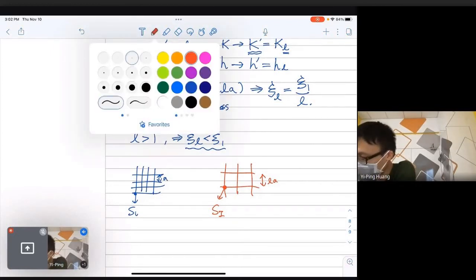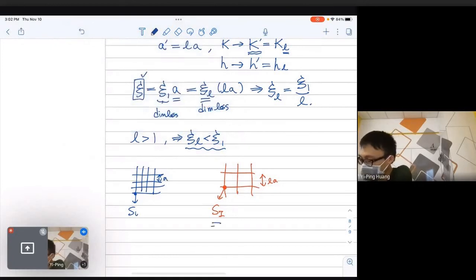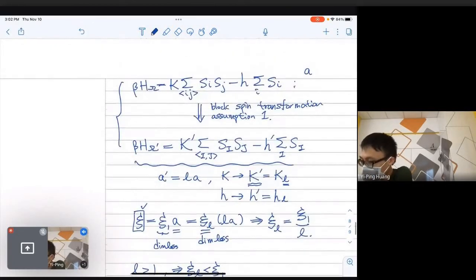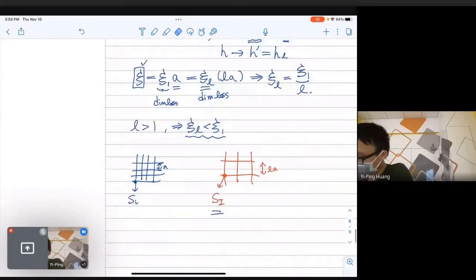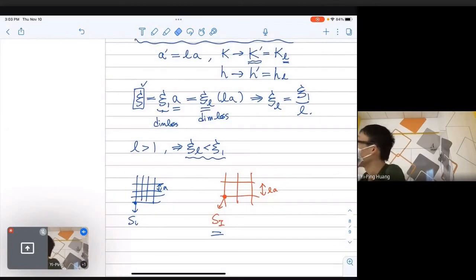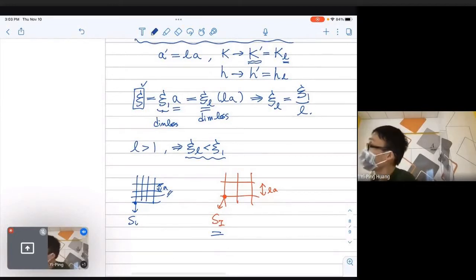Other than the lattice spacing and the meaning of the microscopic degrees of freedom, the Hamiltonians that describe these two systems are completely identical, because that's a very strong assumption given by Kadanoff's assumption 1. So if we measure the correlation length using the lattice constant A versus the lattice constant LA, we find the correlation length in the second model, CL, is smaller than C1.